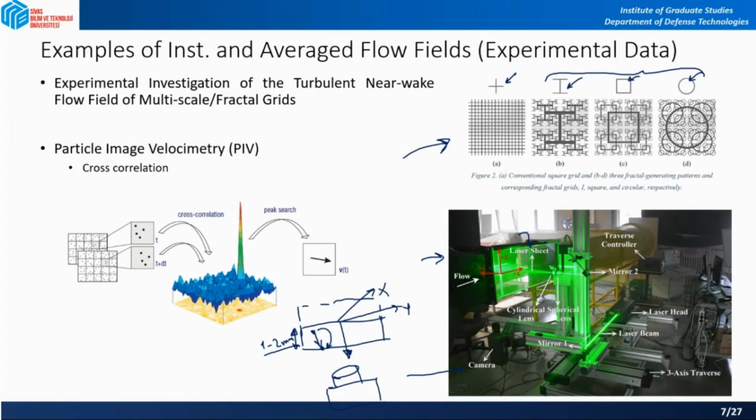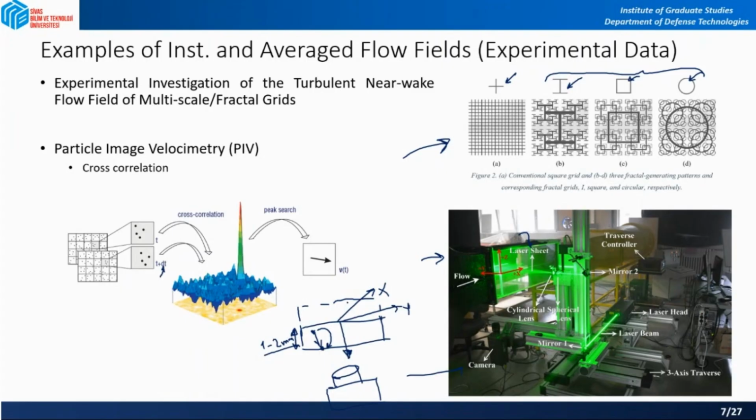We have seeding particles that appropriately follow the flow, and then the laser illuminates the area. As soon as the laser fires and illuminates, the camera captures one image, and then the camera waits for delta t seconds, and it could be on the order of milliseconds, microseconds, or even nanoseconds, and then the laser shoots a second time, and the camera captures the second image.